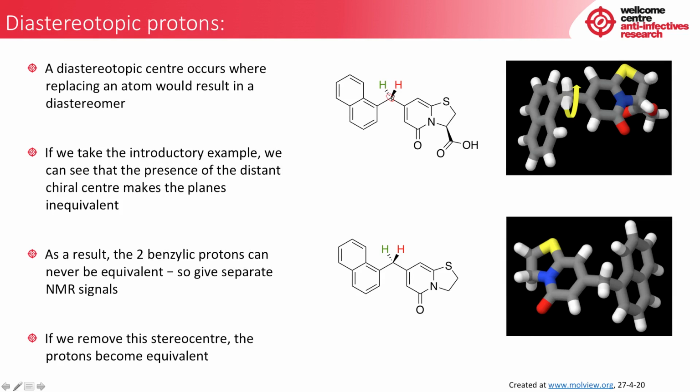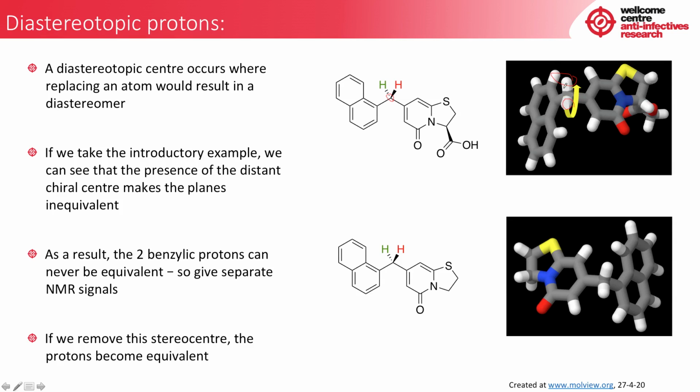But look at the three-dimensional model, and I think this becomes clear. You can see there is a group on the stereocenter here that is orientated onto one face of our molecule. If we look at these two protons, and I ask you to rotate this in your head, I think what you will realize is that it is impossible to have these two protons become exchangeable, to become equivalent to one another.